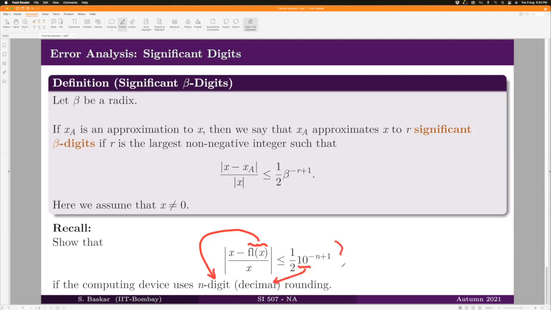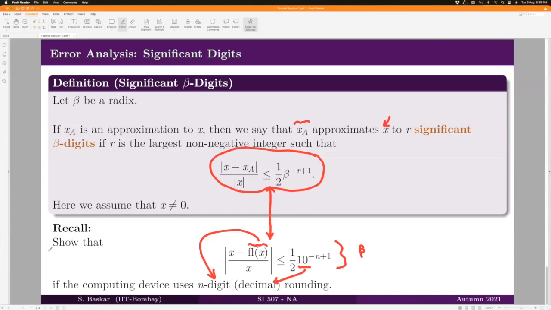However, this result is true for any base beta. Now, when you compare these two inequalities, you can see what is meant by this condition and what is the idea behind. If this condition is satisfied, then we say that the approximation, any kind of approximation, has n significant digits when compared to x, right? I hope you must have given a thought over all this and understood it.